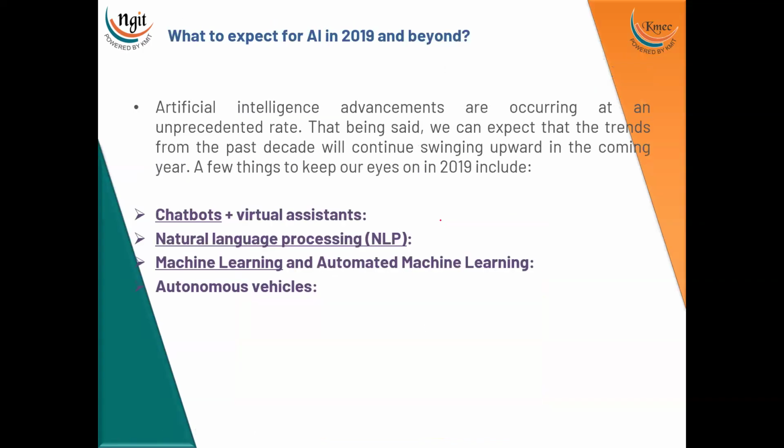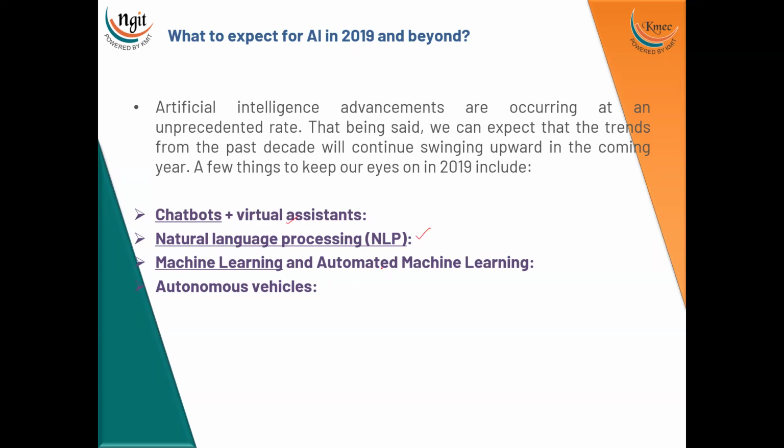And what to expect for AI in 2019 and beyond. So till now, we have seen many advancements at an unprecedented rate. That being said, what we can expect is that the past decade's trend will continue swinging upward in the coming years. A few things to keep our eyes on in 2019 and beyond include chatbots, virtual assistants, and NLP, which have become a popular and important research area.